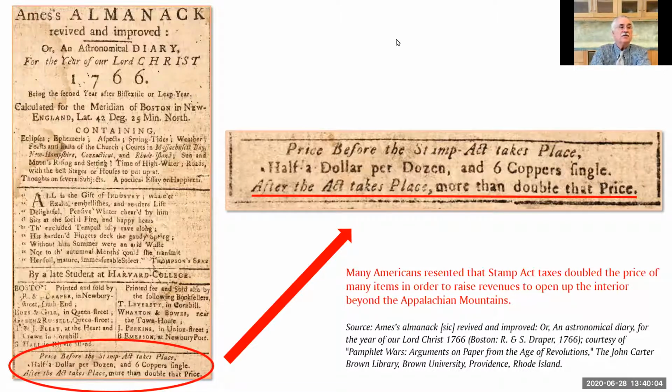It's not that Americans only objected to high prices or high taxes. They objected in principle to any tax of any amount that would force them to pay to open up the interior. They thought they had a right to go into the interior and sort of fend for themselves. But they didn't want to wait for the more orderly settlement that would involve roads, bridges, army bases, and large numbers of troops.